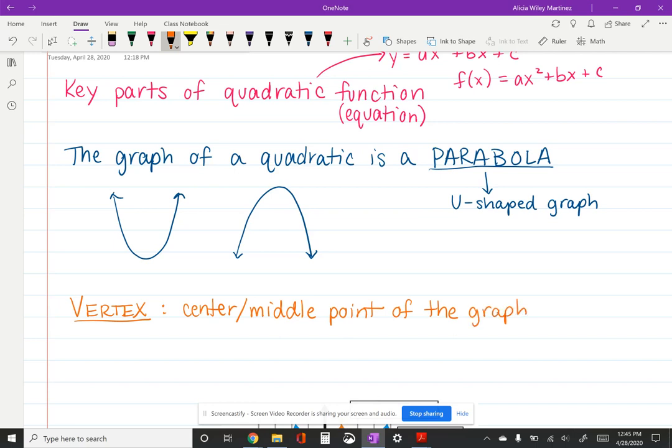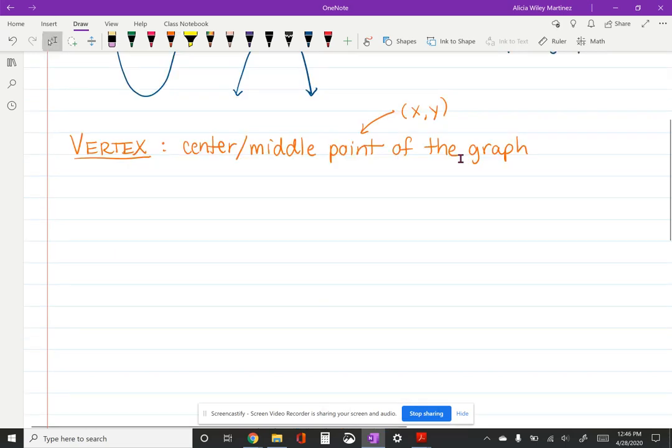Remember that a point on a graph is always written as the ordered pair x, y. So we can think of the vertex as either the highest or the lowest point on the graph.